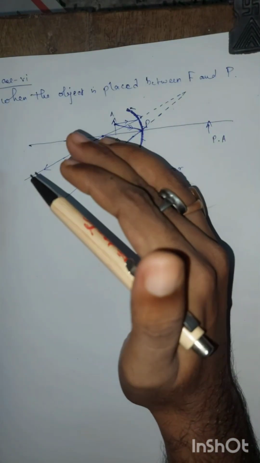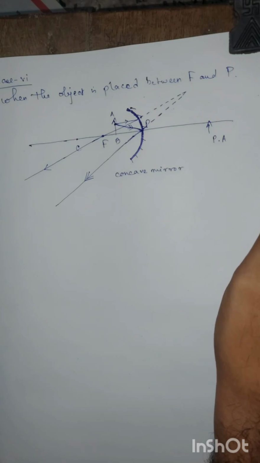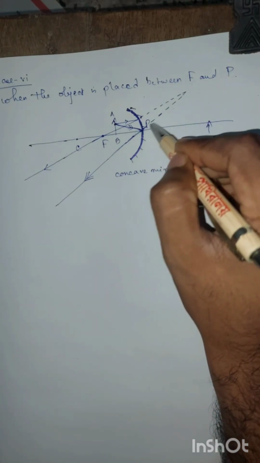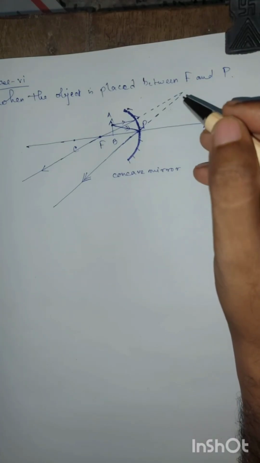These two rays are not actually intersecting each other. So when they are produced backwards, they intersect at a point.